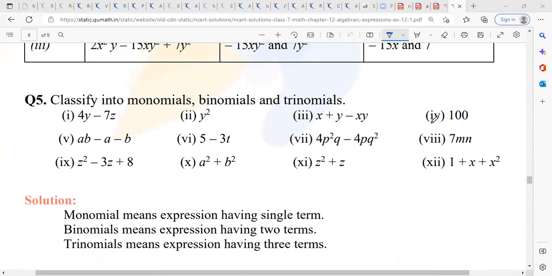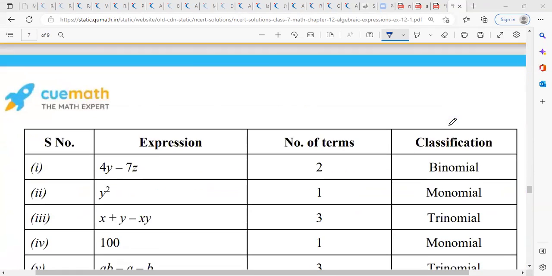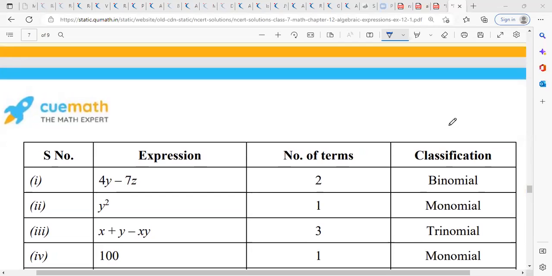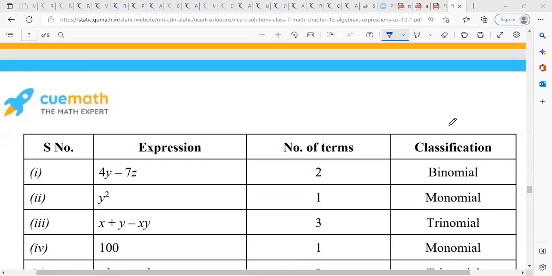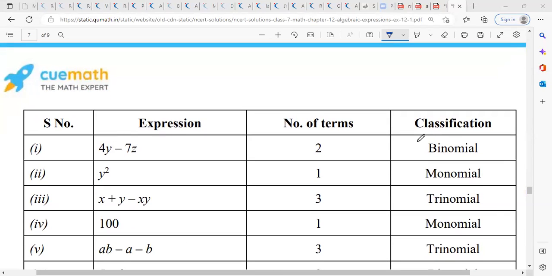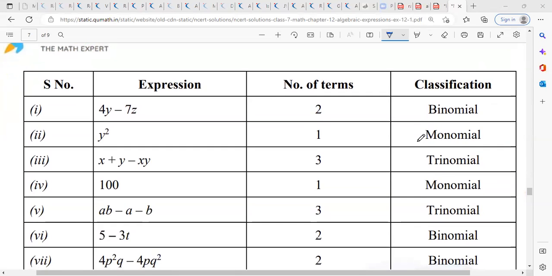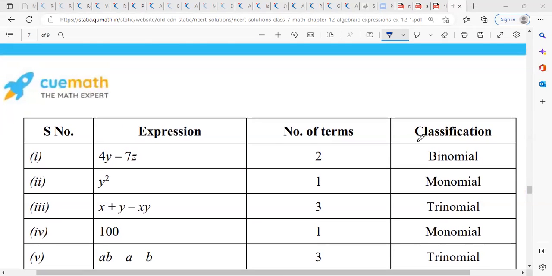Okay. Fourth one is 100. So it has only one term, right? So it is monomial. And fifth one, trinomial. And sixth one, monomial.